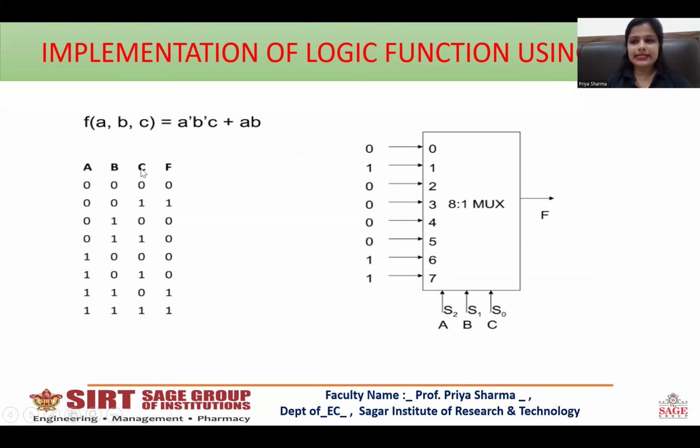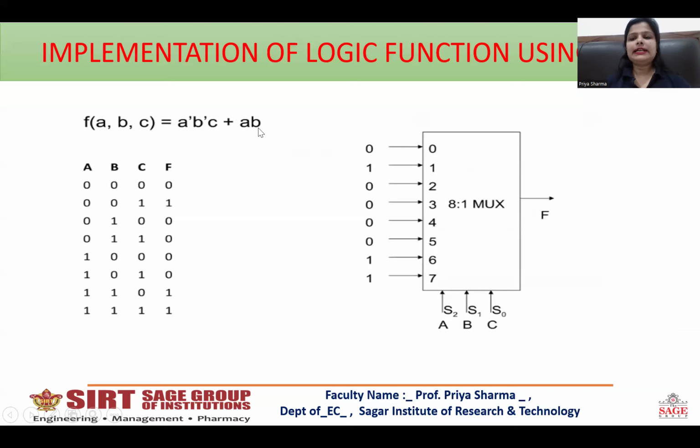Writing A, B, C and all the possible 8 combinations from 000 to 111, we can see for A bar, B bar, C, that is 0, 0 and 1. For the 001 input, we are getting the output as 1. And then AB. As C is not here, we'll take both the values of C, that is 0 and 1.